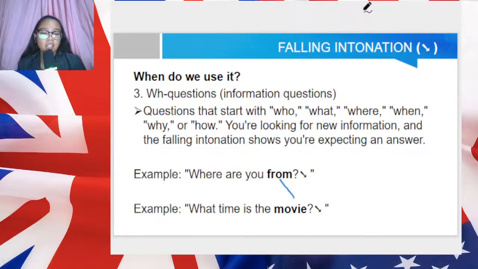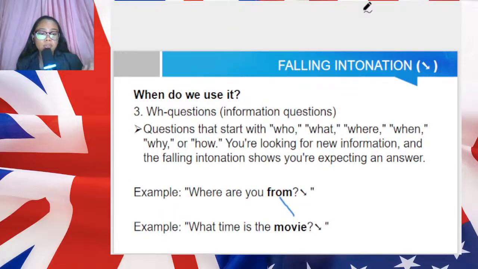So the falling intonation here makes the inquiry straightforward and signals that you are ready for the specific answer. Let's say, "I'm from somewhere." You give your address, your location. If you were to use a rising intonation on "from," you'd say it like this: "Where are you from?"